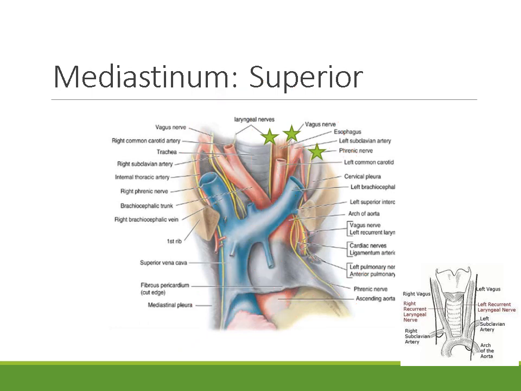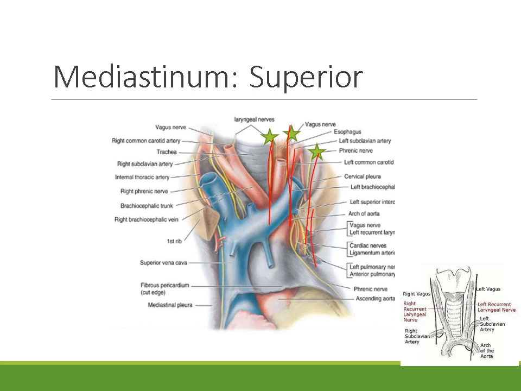The 3 things that I have starred here are the 3 pairs of nerves. Again, from medial to lateral, they are the laryngeal nerves, vagus nerves, and then phrenic nerves. So laryngeal, vagus, phrenic. We talked about the phrenic nerves previously when we talked about the diaphragm.